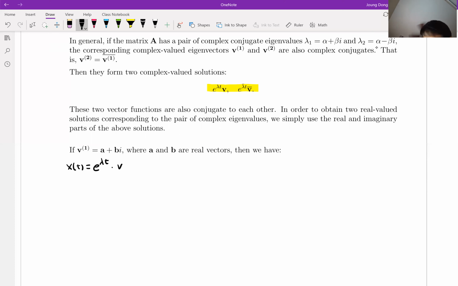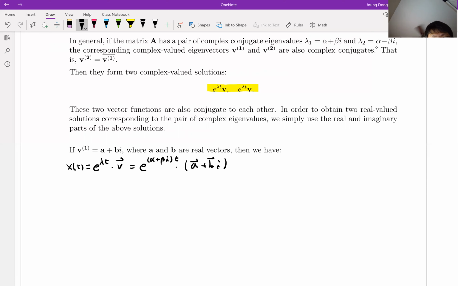So it is equal to, since it's a complex number, e to the, let's say your lambda is alpha plus beta i, so alpha plus beta i times t, times a plus bi. Let me write your vector v in a plus bi form. Again, a and b are the real-valued vectors.